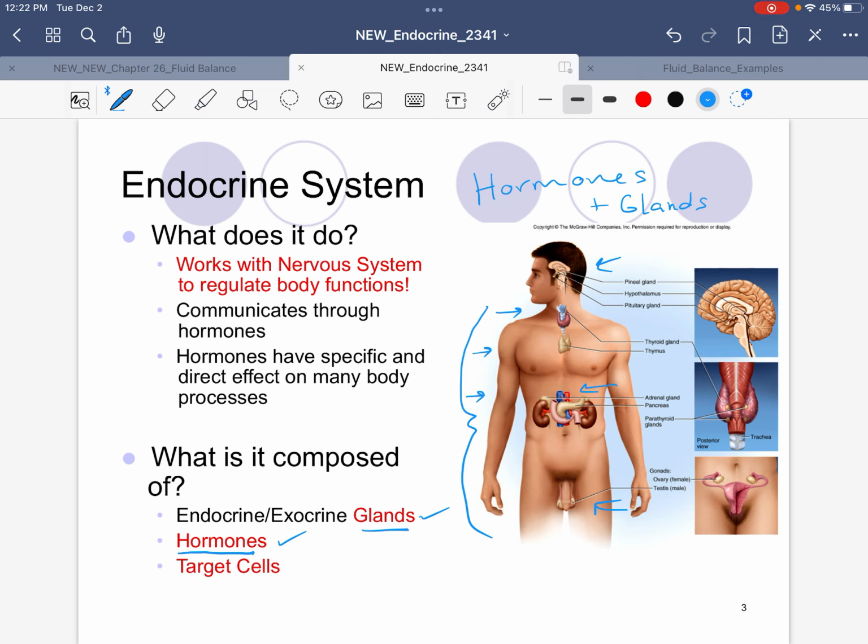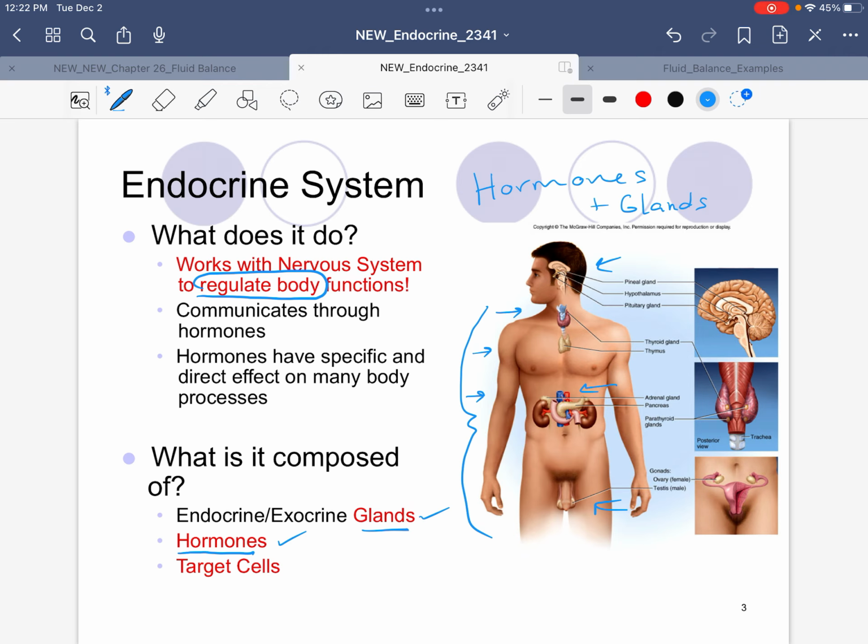What we're going to see is hormones get released into the bloodstream. So once the hormones are in the bloodstream, that's how they're going to go everywhere. But the glands themselves are kind of spread out throughout the body. What is the function of the endocrine system? To regulate. In the famous words of Warren G.